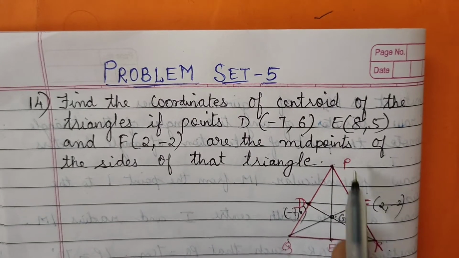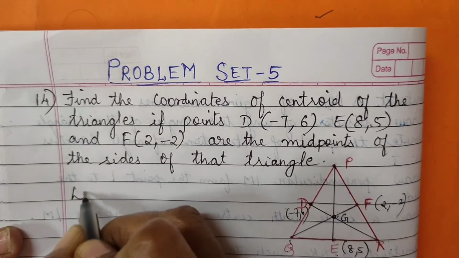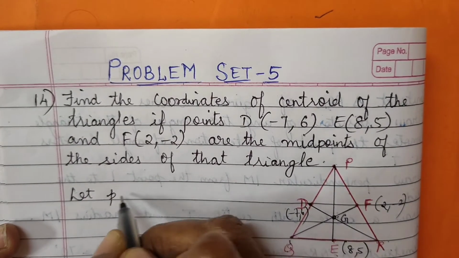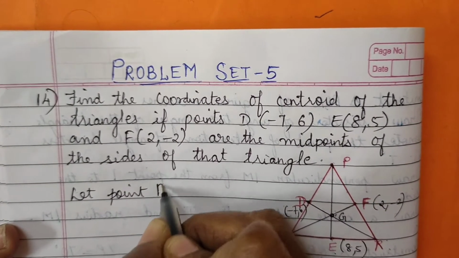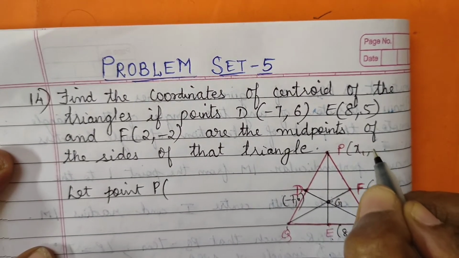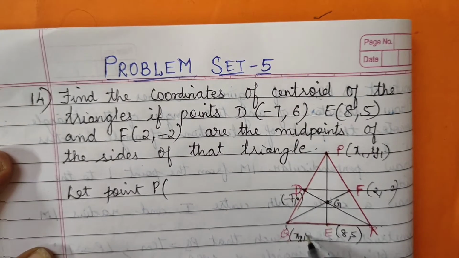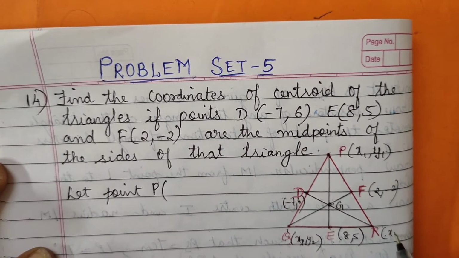Before that, let's describe what points we have taken. Let the point P be (x1, y1), Q be (x2, y2) and R be (x3, y3).